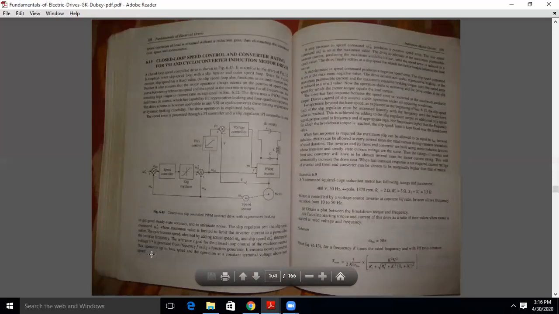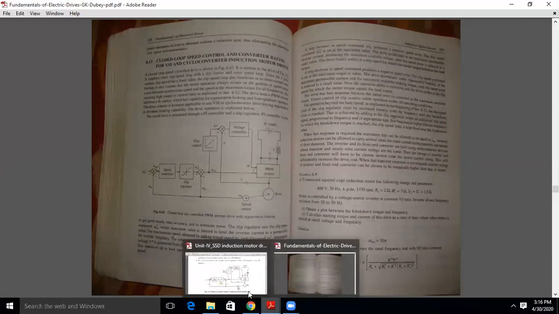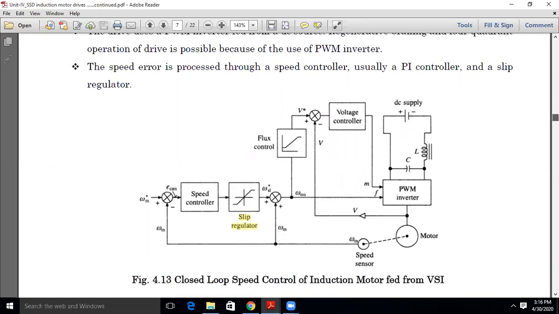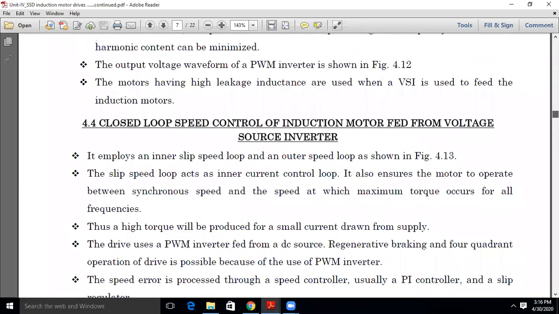Now next we will move to closed loop speed control of the induction motor drive. In order to have this closed loop speed control, again it is fed from VSI, voltage source inverter.